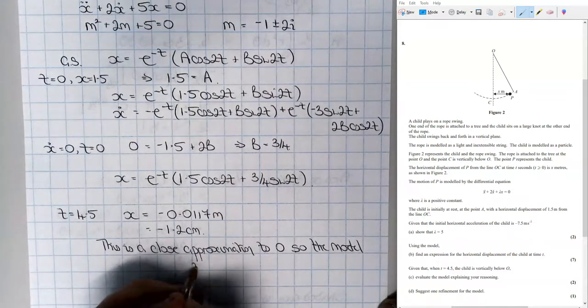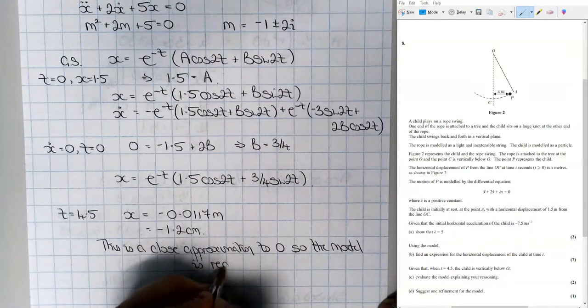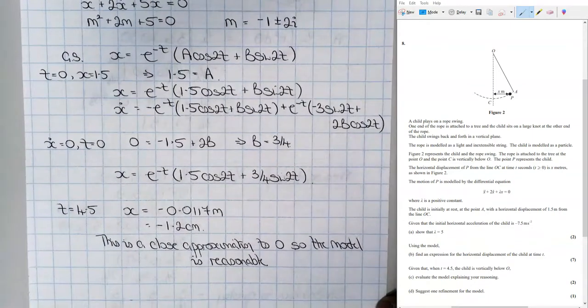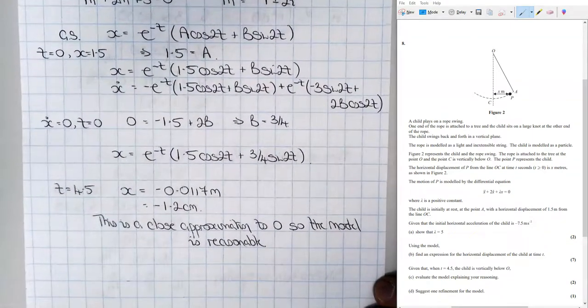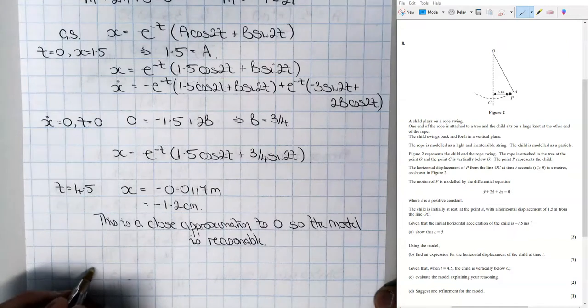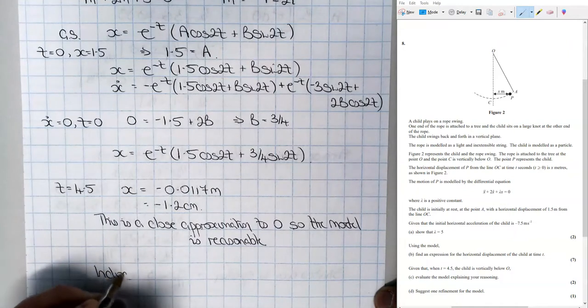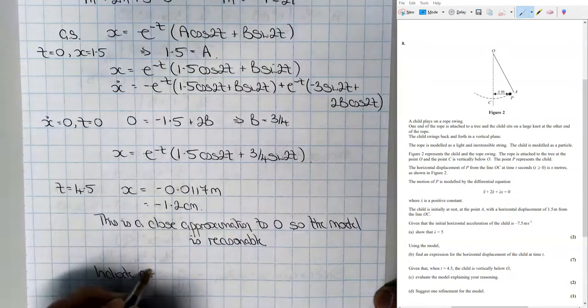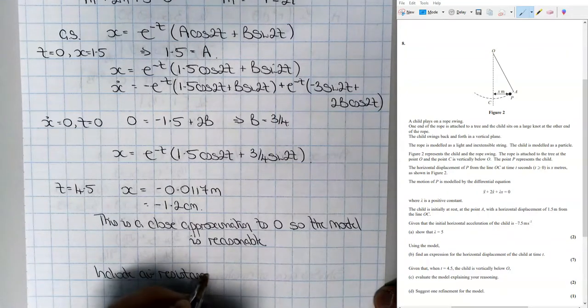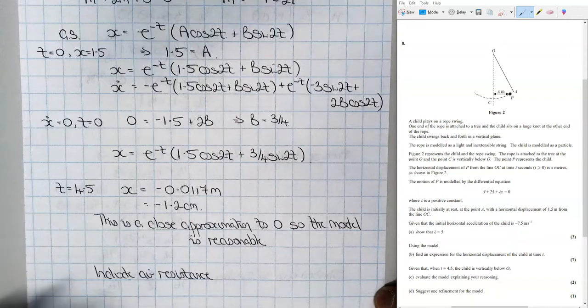I mean, it's not an exact science, this bit, to be honest. You might decide 1.2 centimeters is unreasonable, as long as you explain why. That's fine. And for refinements, the obvious one is perhaps to include air resistance; some sort of calculation involving air resistance would make it more accurate.